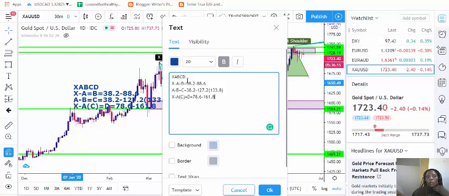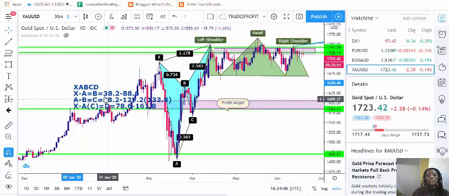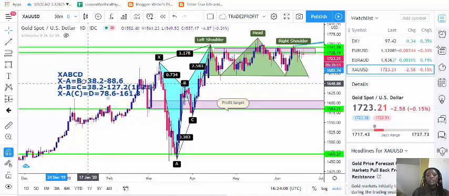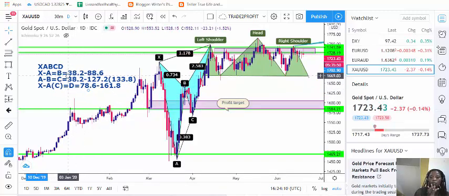One could have entry at 78.6, another one could have entry at 88.6, another one could have an entry at 127, at 144, at 161.8. So these different harmonic patterns have their different entries also. So this is just the general formula on how you can trade the harmonic pattern. All right, so there's a formula to it, and for you to trade it, you need to know this formula.